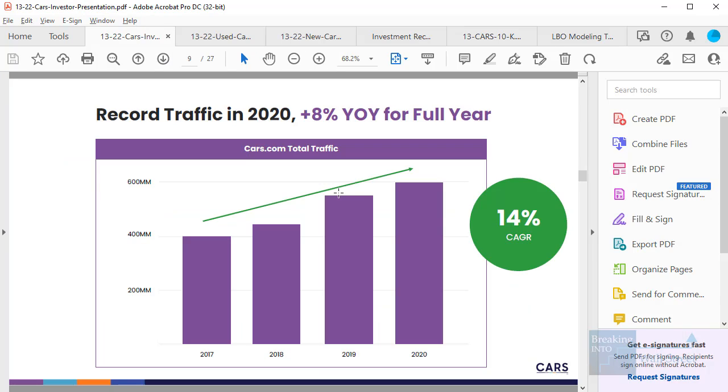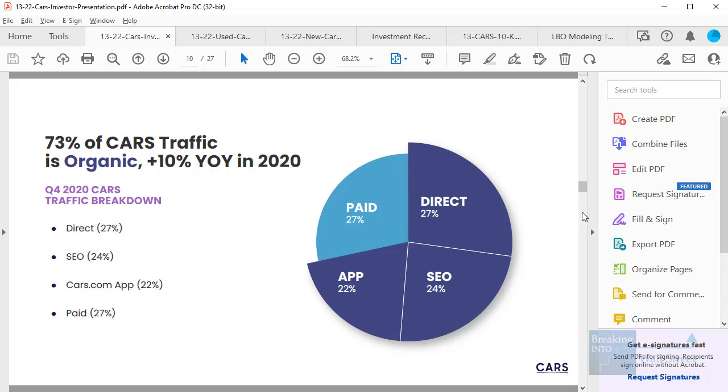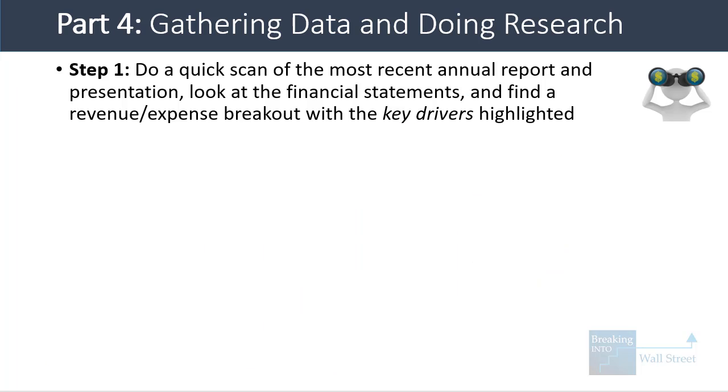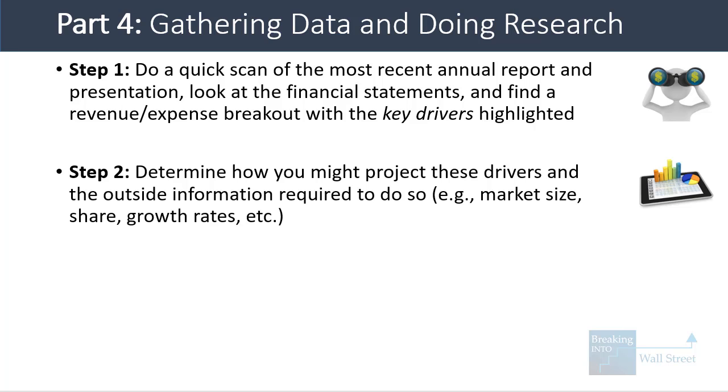And if you look in their investor presentation, you can find some information about their website traffic and sources of the traffic and dealer customer growth and the website customer reach and other things like that. So you go through this type of process and try to get a quick impression of the company. Then you have to figure out how you might project these drivers and the outside information you need to do so.